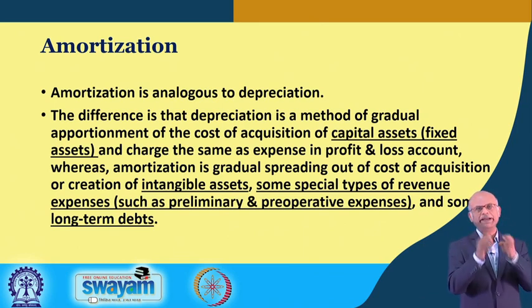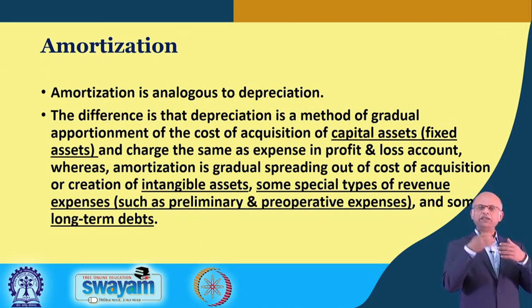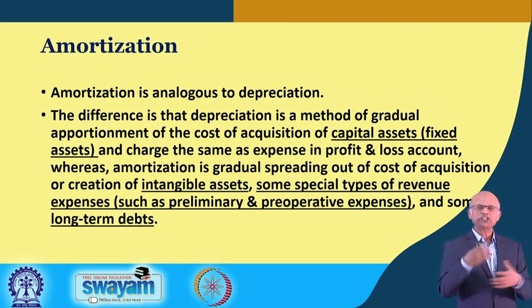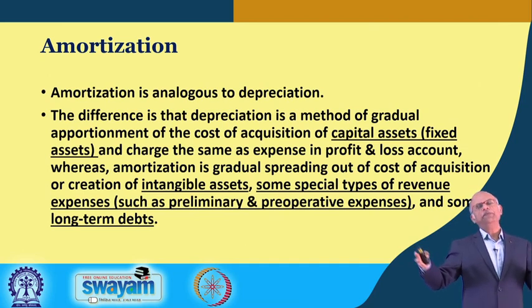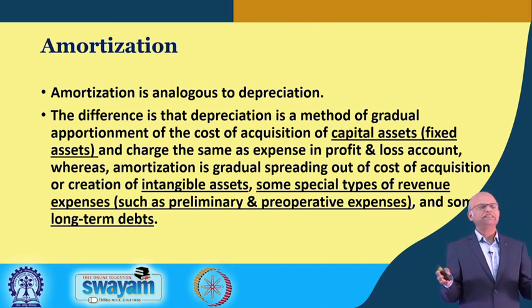Everything together you term that as preliminary pre-operative expense, and you apportion that over a period of time. You decide that I will recover, or I will apply that over a period of 10 years maybe.